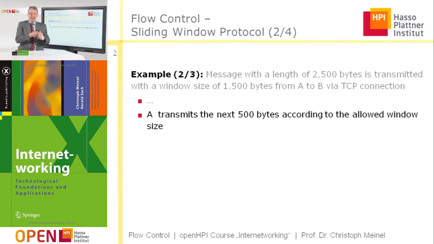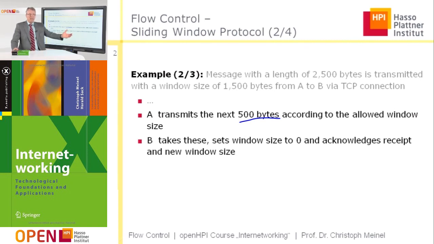After A receives the acknowledgement of the first 1,000 bytes and the new window size 500, A transmits the next 500 bytes according to the allowed window size to B. B takes these 500, and let's assume the first 1,000 bytes are not yet processed. Then the window is now 0, because the input buffer is full. So B sends the acknowledgement to A together with a new window size of 0.